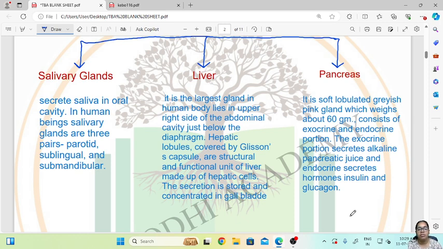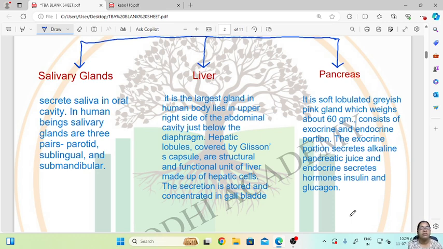Second is the liver. The liver is the largest gland in the human body; it lies in the upper right side of the abdominal cavity, just below the diaphragm. The hepatic lobules are covered by Glisson's capsule, and the structural and functional unit of the liver is made up of hepatic cells. The secretion is stored and concentrated in the gallbladder.